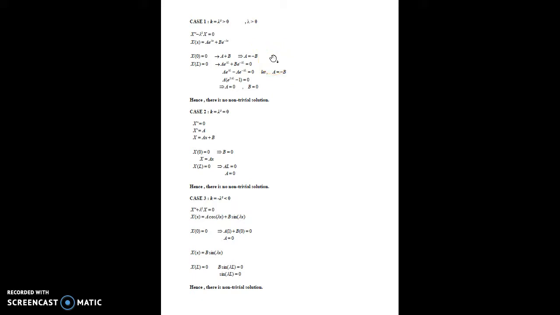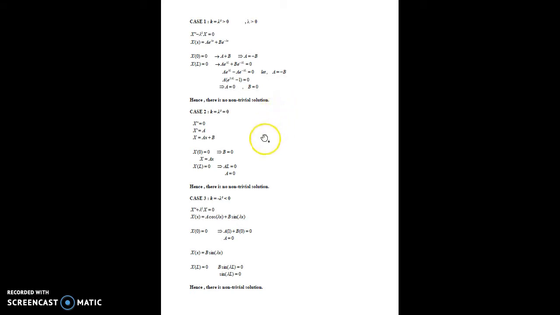We let X(0) equal 0 and substitute into this equation, we will get a equals negative b. And then we let our X(L) equation equal 0 and we substitute L into this equation and we will get a equals 0 and b equals 0. Hence, there is no non-trivial solution for case 1.